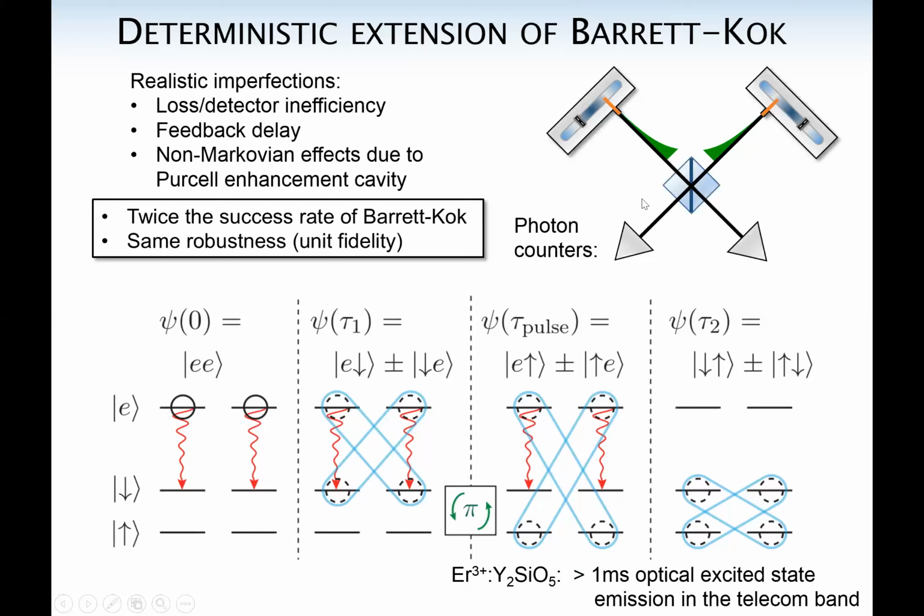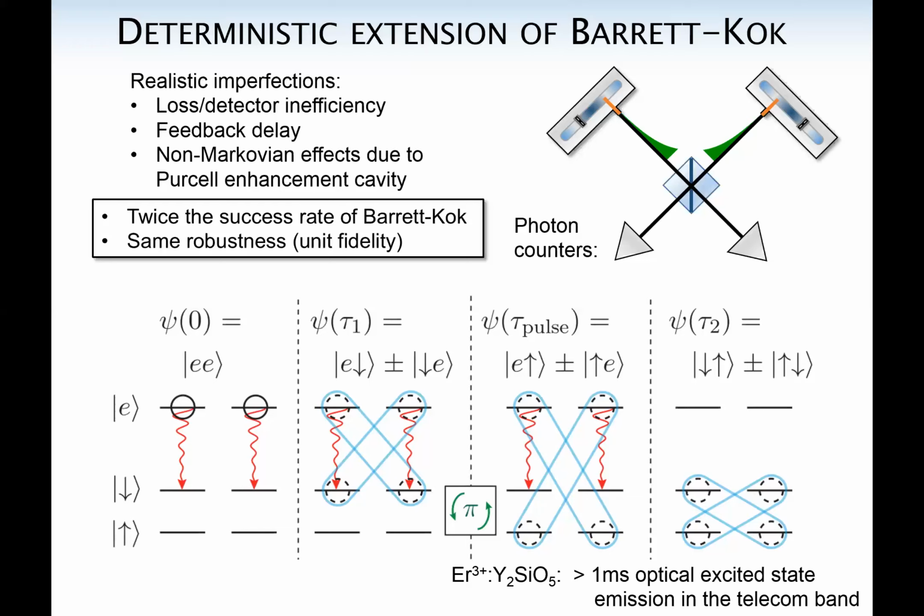Now, for a lot of atomic systems, this would be quite difficult to do. For example, for NV centers where your spontaneous emission lifetime is on the order of nanoseconds, it's going to be difficult to do this kind of feedback. But there's at least one example of an atomic system where this could be very practical, and that's the erbium-doped yttrium orthosilicate, which has the benefit of spontaneous emission in the telecom band, so very low loss.